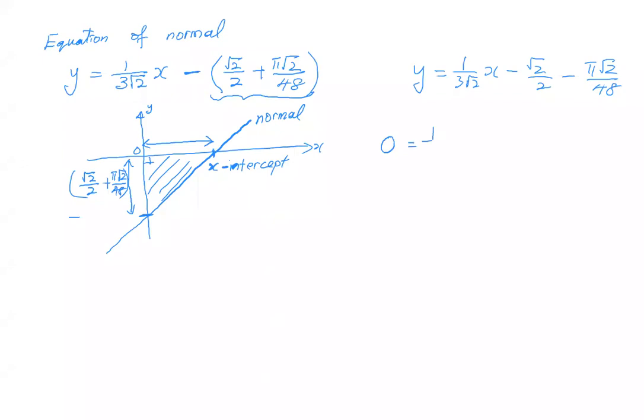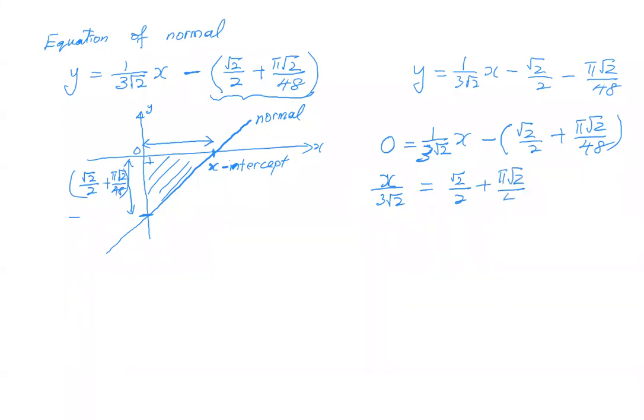I have 1 over 3 root 2 x, take away root 2 over 2 plus pi root 2 over 48. So x over 3 root 2 is equal to root 2 over 2 plus pi root 2 over 48. Okay, this one needs a bit of algebraic skill.